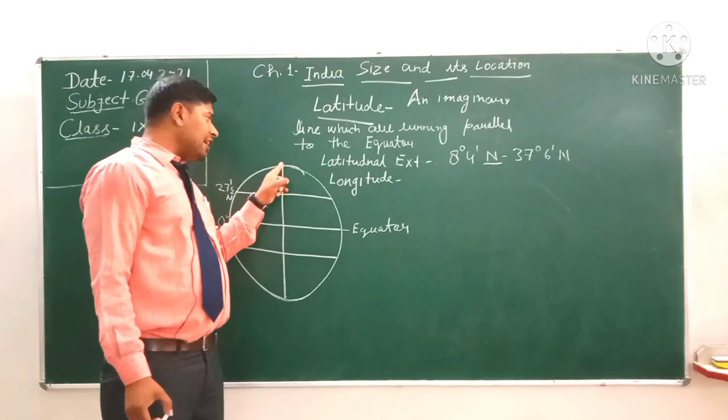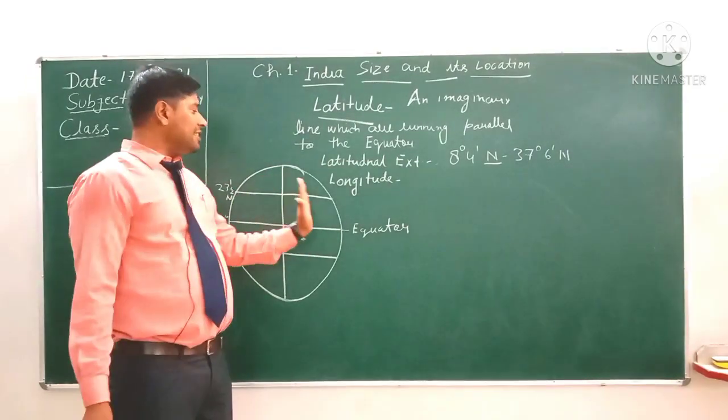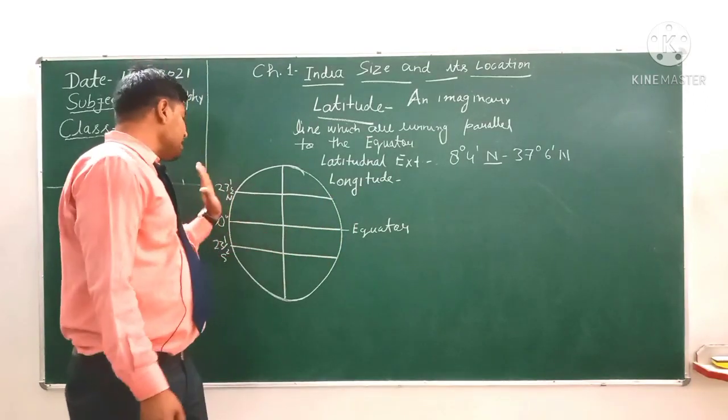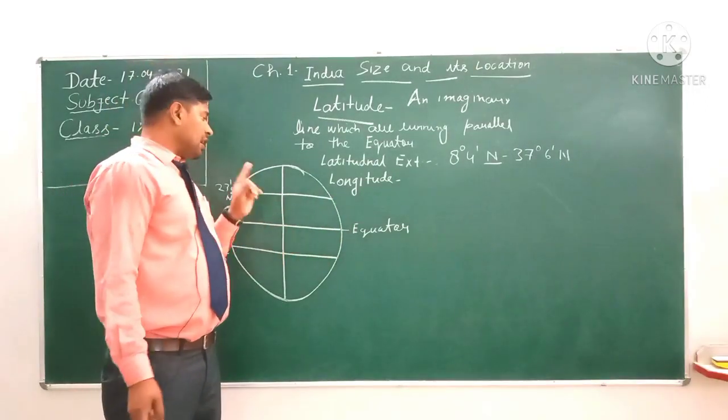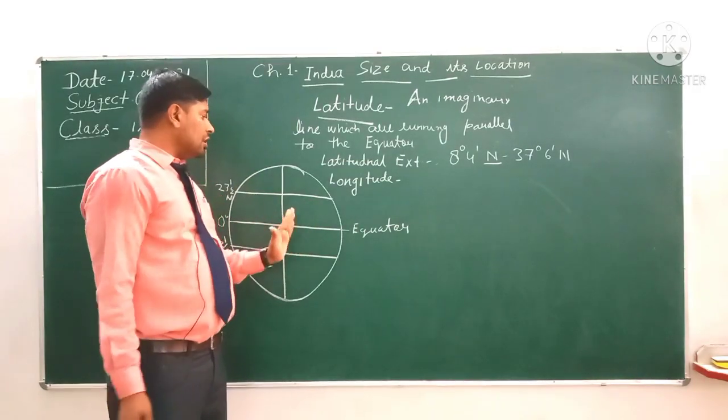The Greenwich meridian divides the earth into two other hemispheres, the eastern hemisphere and the western hemisphere. India also lies totally in the eastern hemisphere.